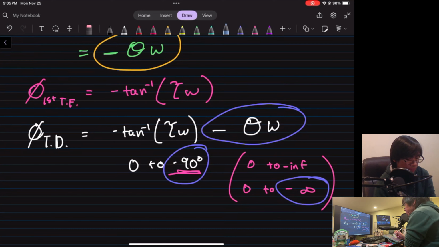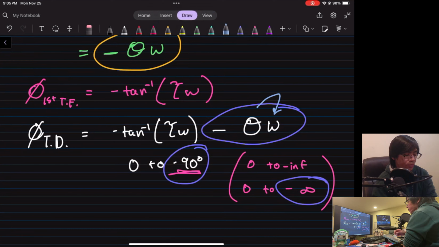This theta is a multiplicative product to our omega, and omega, remember, we can set to whatever we want, whatever positive values, whatever negative values. It reaches negative infinity.